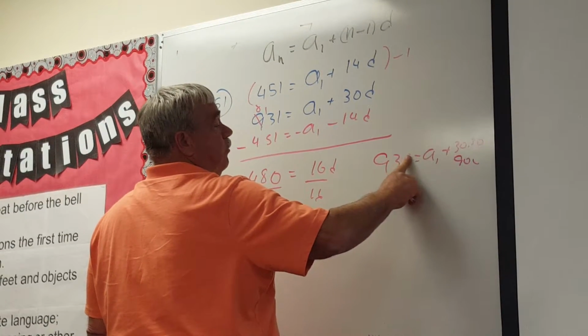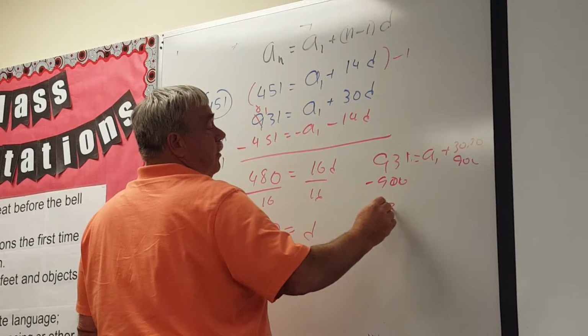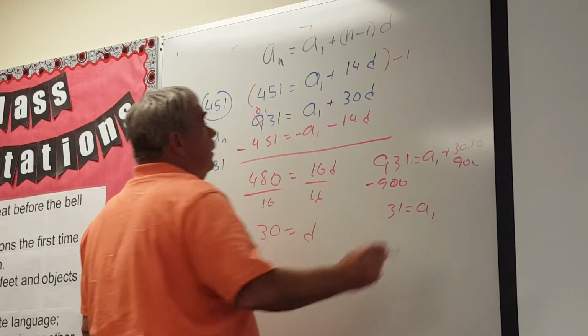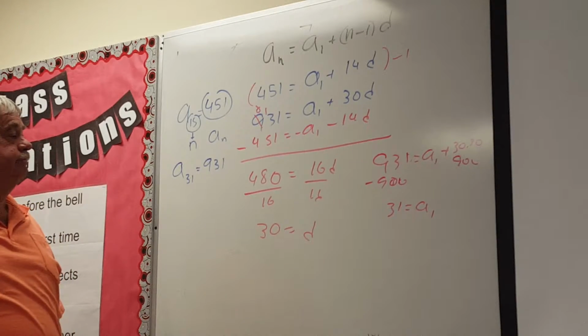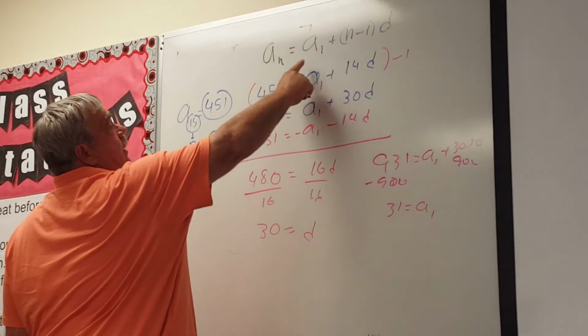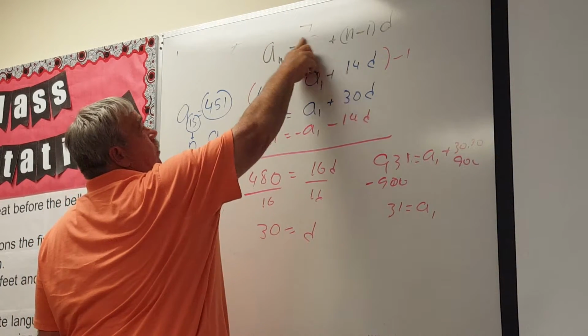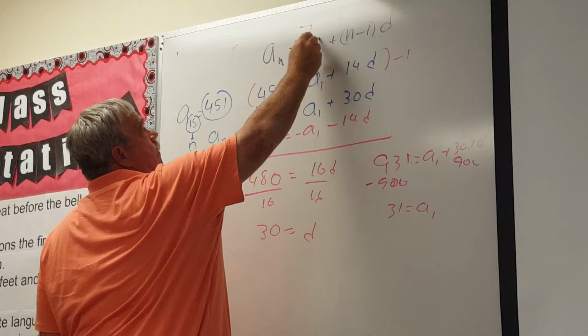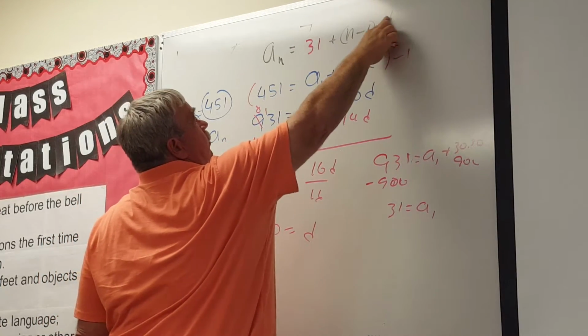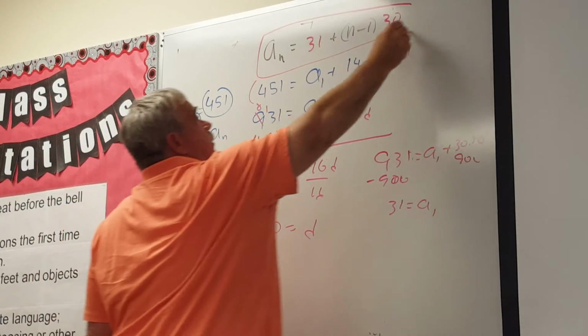So when you minus 900, 31 equals A1. Okay, now to finish this up, they just want this formula. So what I do is I replace A1 with 31, and I replace D with 30. Well, that's what we want.